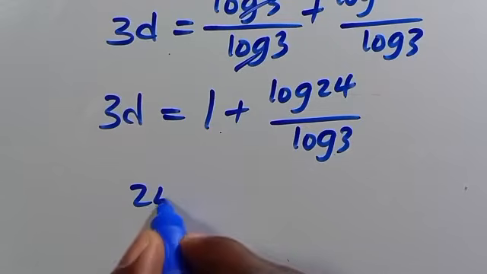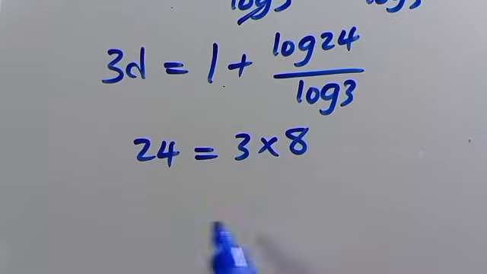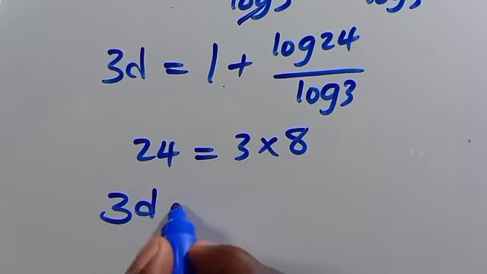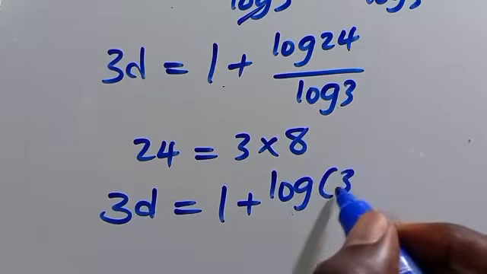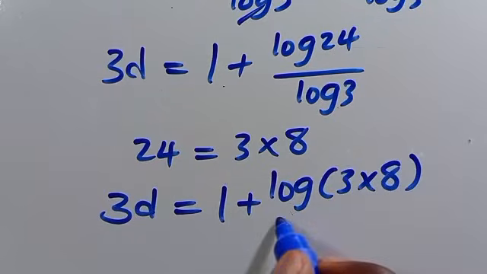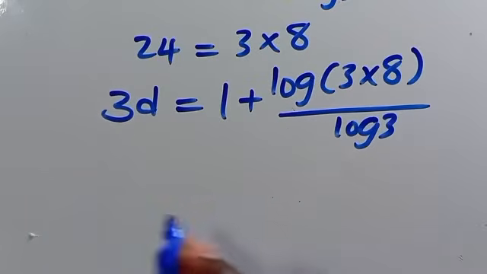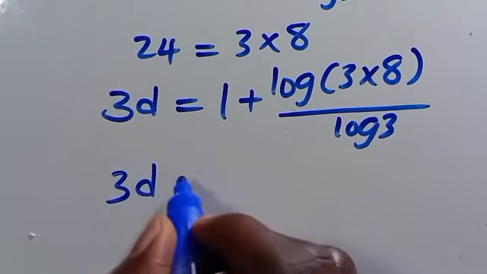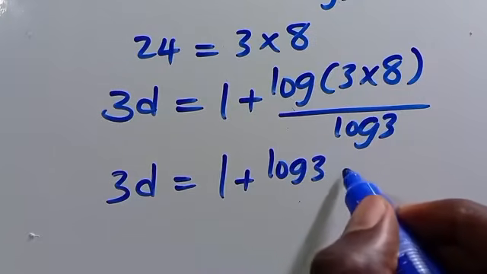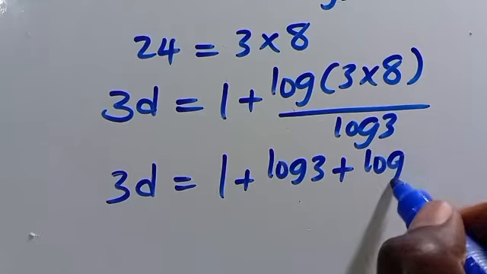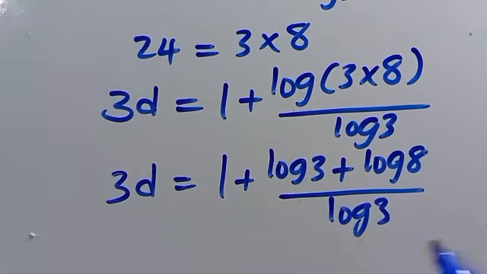So we have 24 as the product of 3 times 8. So this will also be 3d equals 1 plus log 3 times 8 over log 3. So we have 3d equals 1 plus log 3 plus log 8 over log 3.